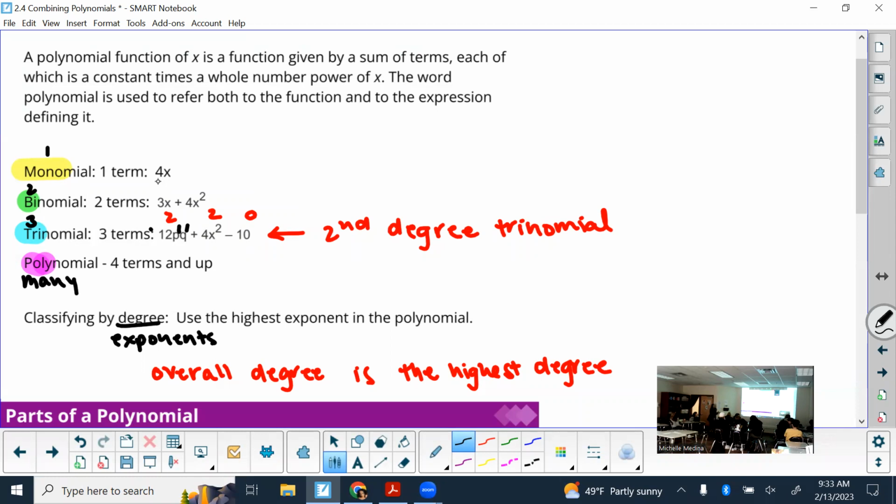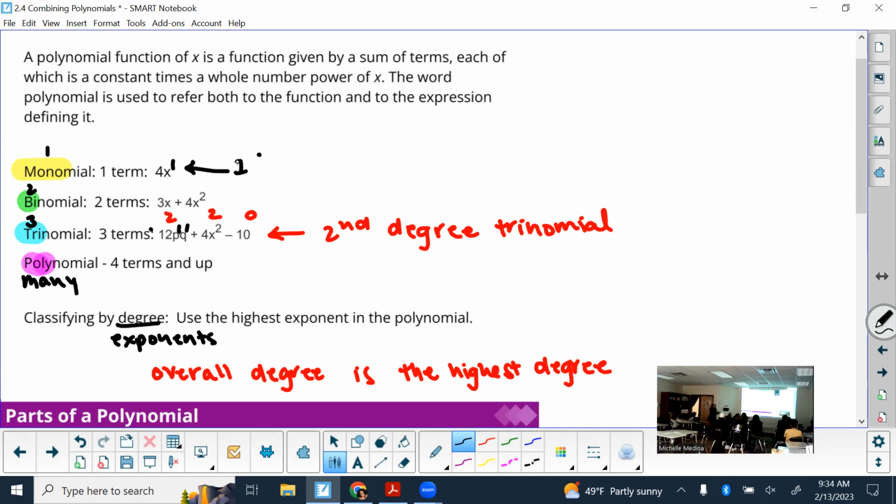Okay, so again, let me repeat it because we have some people not paying attention. Degrees have to do with the sum of the exponents on a single term. So what's the exponent on this term? 1. Are there any other variables on this term? So then class, what's the overall degree on this? 1. So guess what?